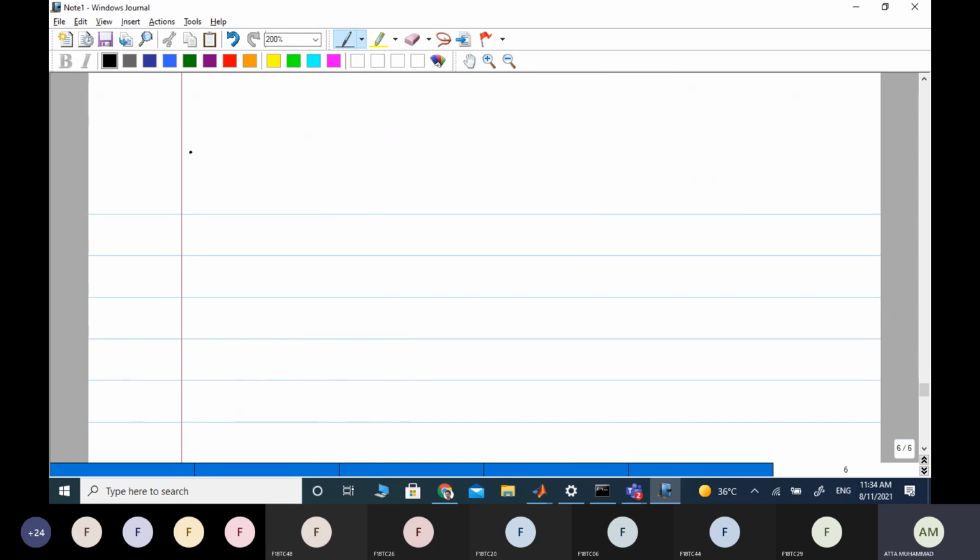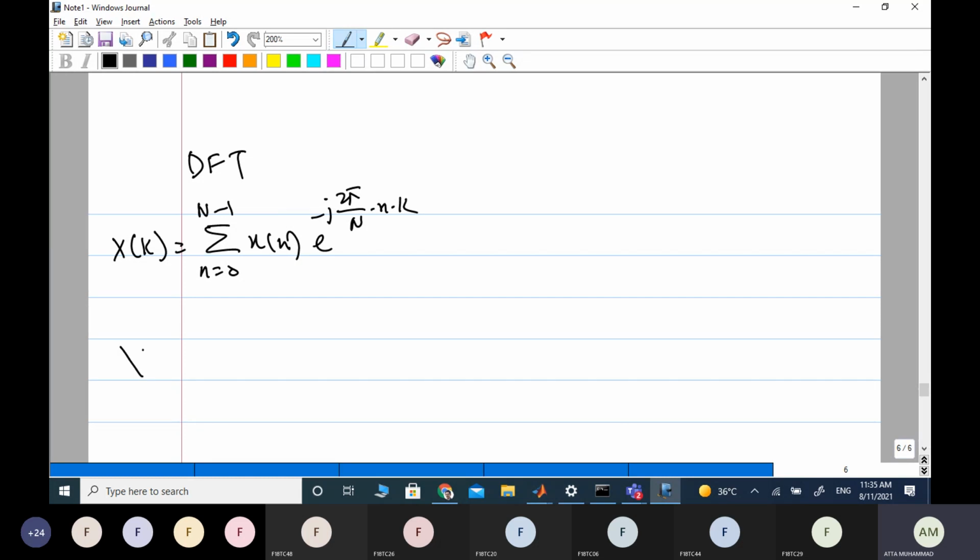For computing DFT, we use this formula: x of k is equal to summation n from 0 to n minus 1 x of n e to the power minus j2 pi by n times nk, or in matrix form we say tilde x is equal to twiddle factor nk times our time domain signal x of n, right?